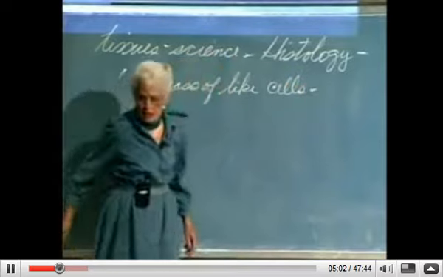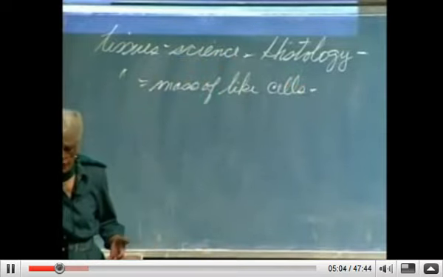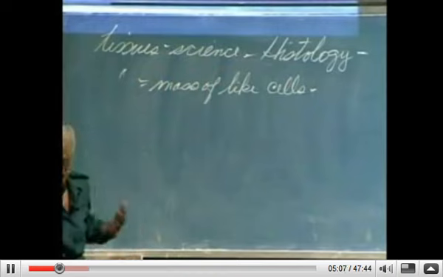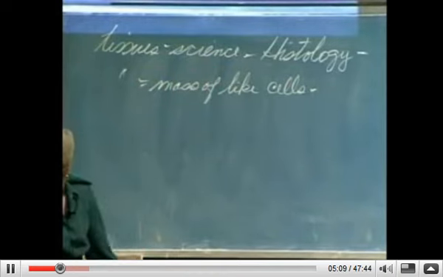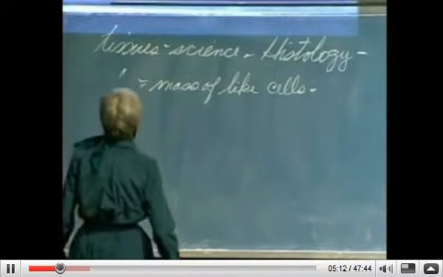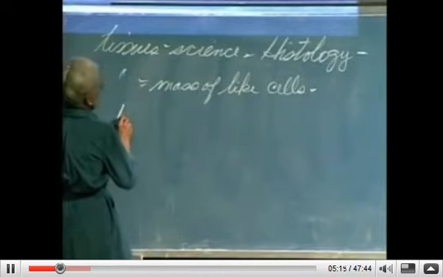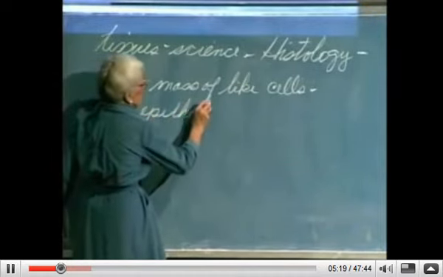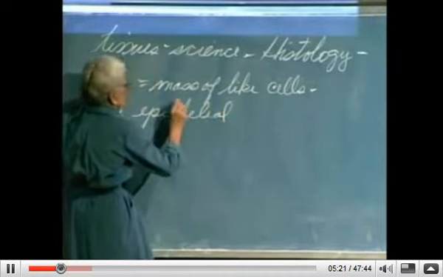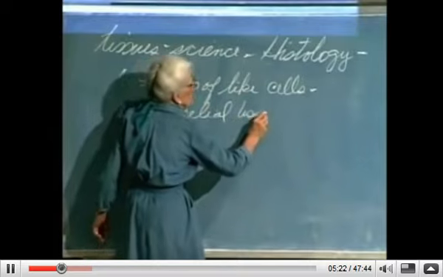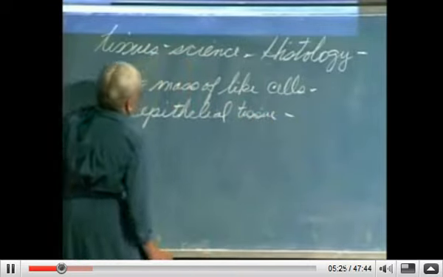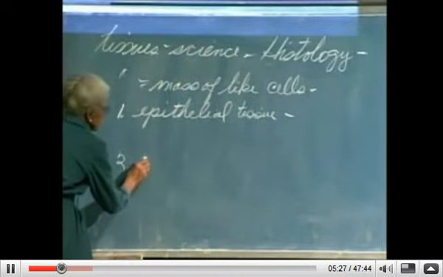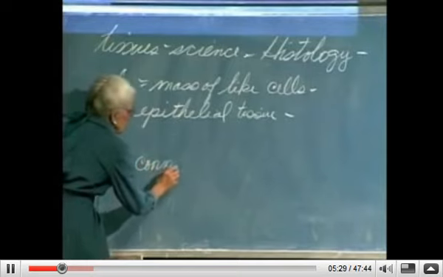So would you believe that your bodies are made up of only four kinds of tissue? Your total body is divided into four kinds of tissue. So we have one, epithelial tissue. Epithelial tissue. Two, connective tissue. Connective tissue.